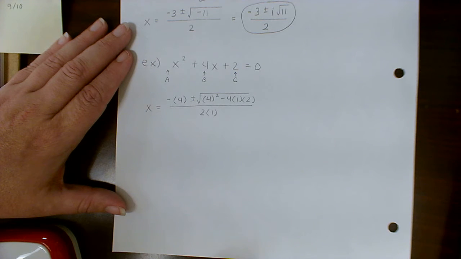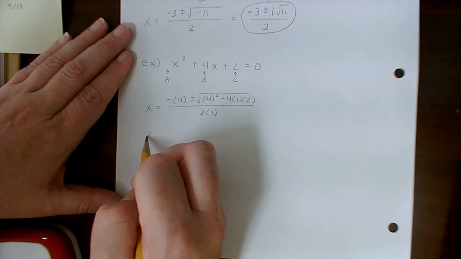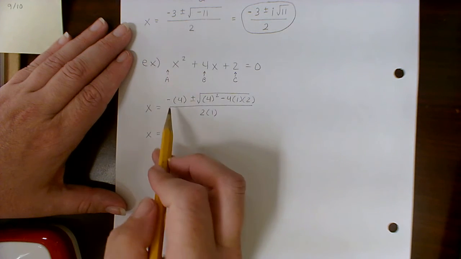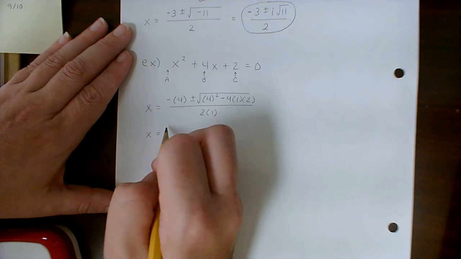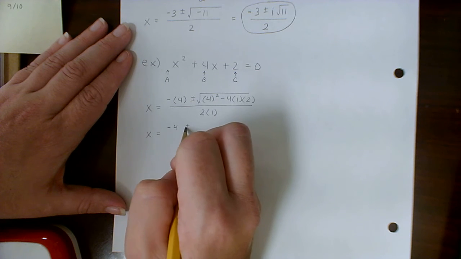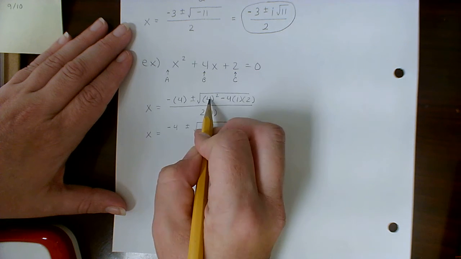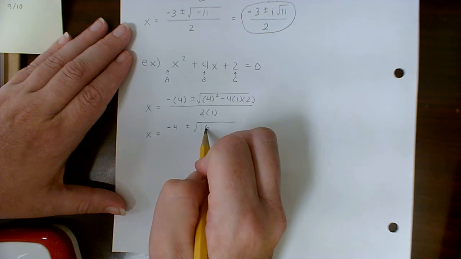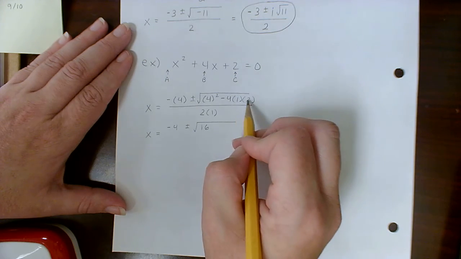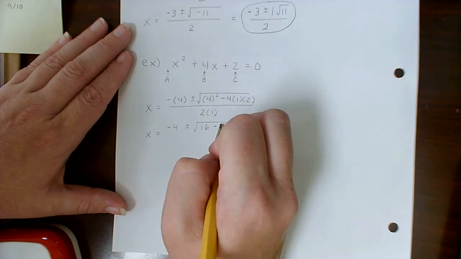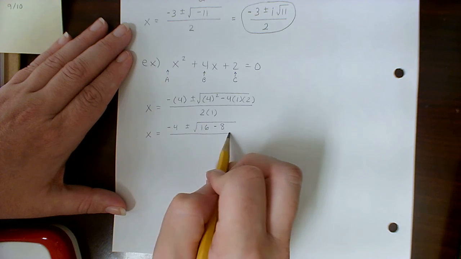Again, I put parentheses around each of those numbers because I do find that they're important. And now I'm ready to simplify. Negative 4 will just be negative 4 plus or minus 4 multiplied by 4 is 16. 4 multiplied by 1 multiplied by 2 become 8 all over 2.